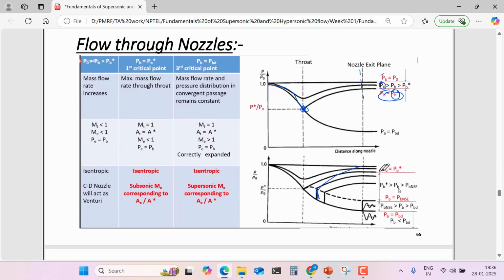And as we decrease the back pressure, the location of this normal shock will move toward the exit, and there will come a point when it will be exactly at the exit. That is called the second critical point.